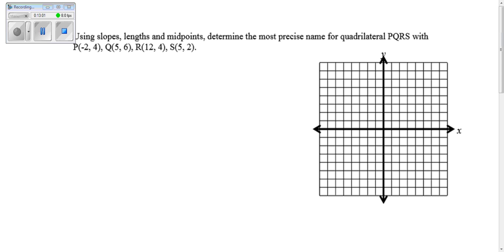All right, in this problem, we are told that we are going to use slope, length, and midpoint, so a whole shebang, to determine the most precise name. So let's go ahead and plot our points. P is at negative 2, 4. Q is at 5, 6.